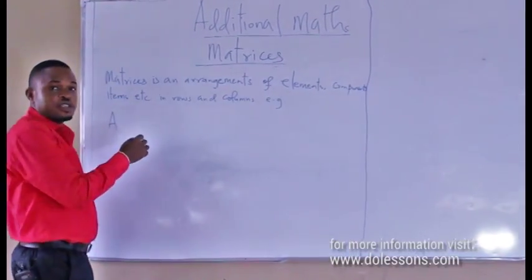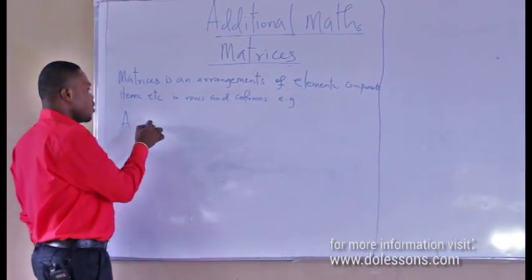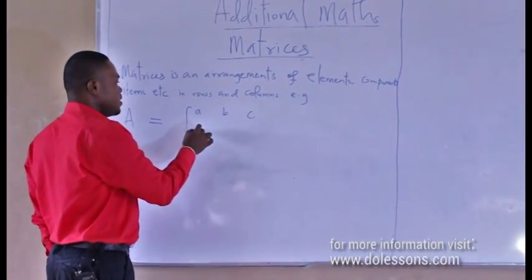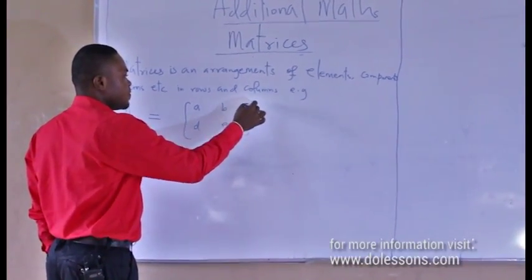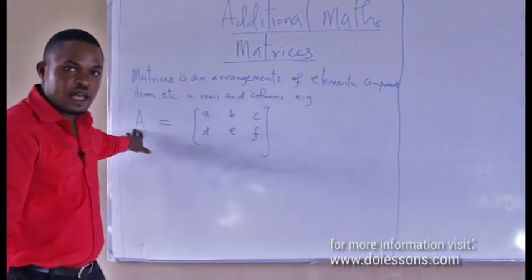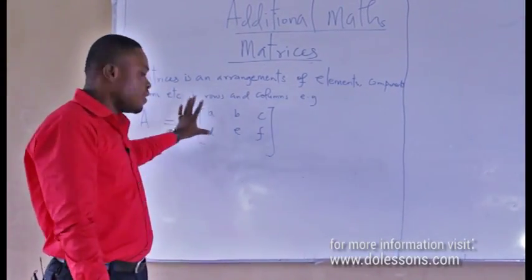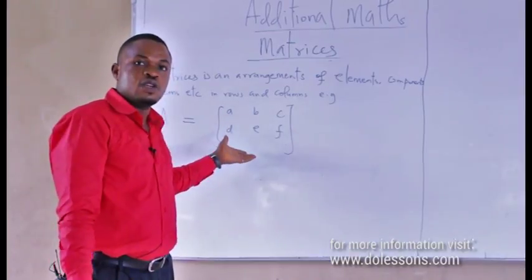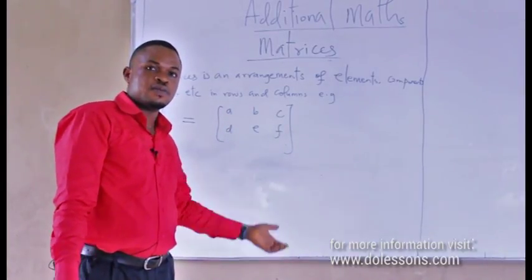Example, matrix A equals a, b, c, d, e, f. Here you can see that we use a capital letter to denote the matrix itself and small letters to denote the components of the matrix.